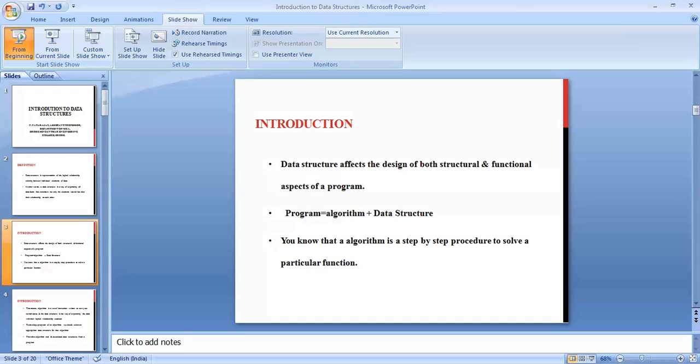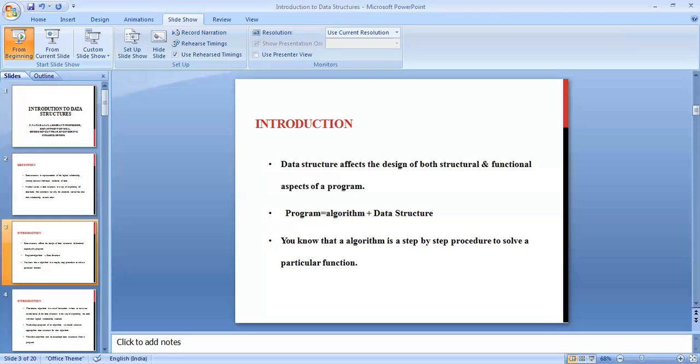If you consider a single program, that program may be a combination of both algorithm and data structure. That is, program equals algorithm plus data structure.